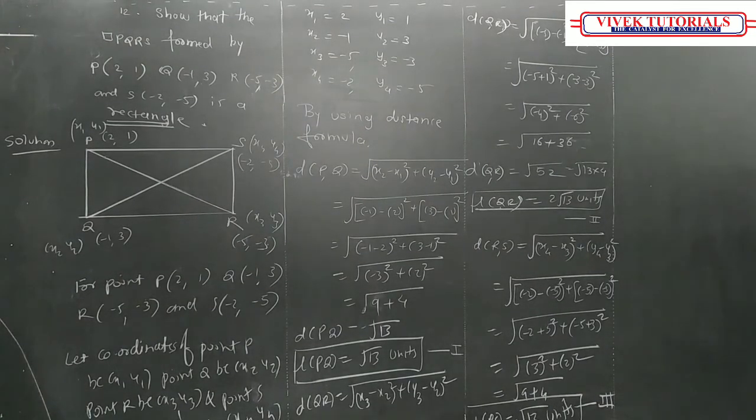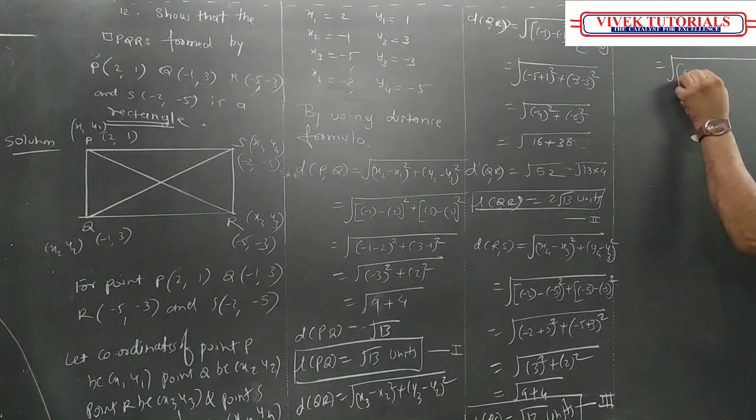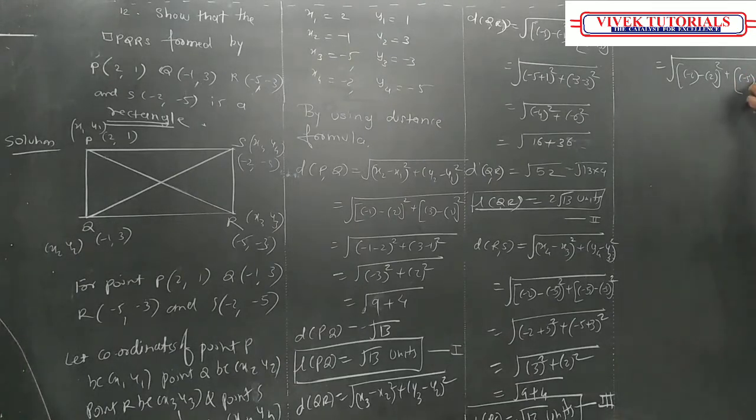Distance PS is equal to under root (x4 minus x1) the whole square plus (y4 minus y1) the whole square, which is equal to under root (x4 is minus 2) the whole square plus (y4 is minus 5 plus minus 1) the whole square.